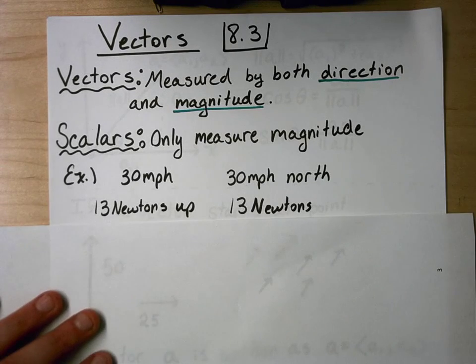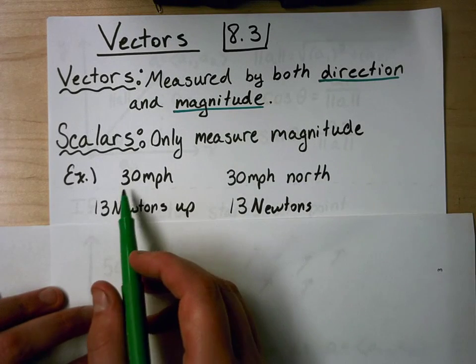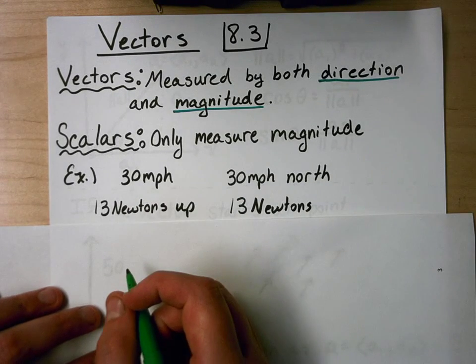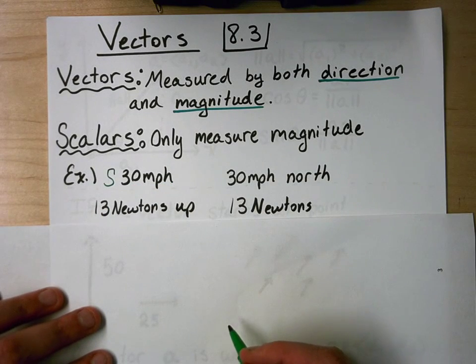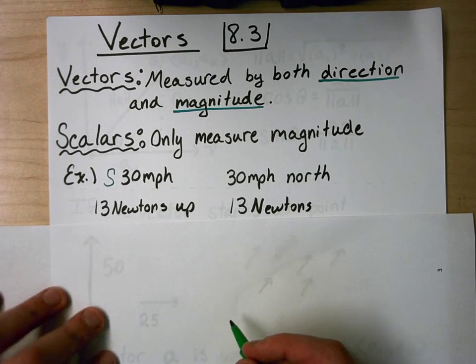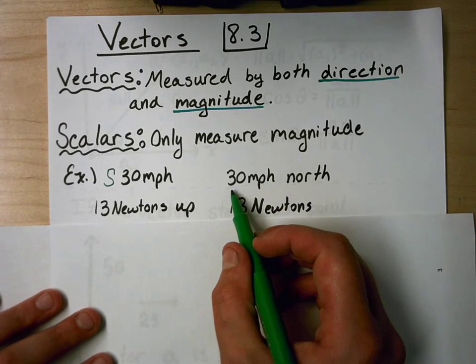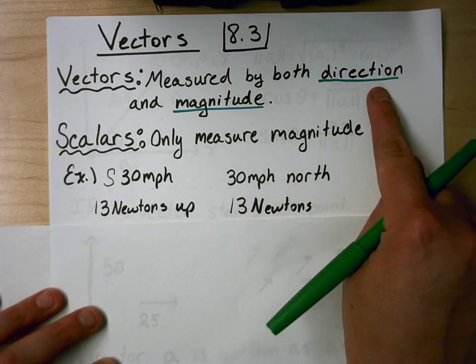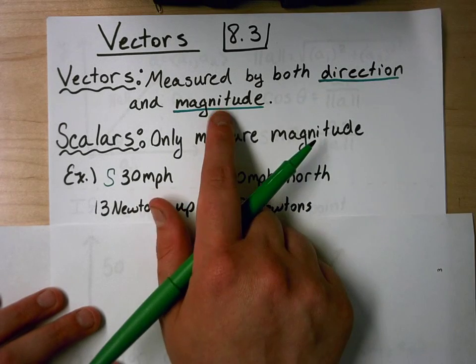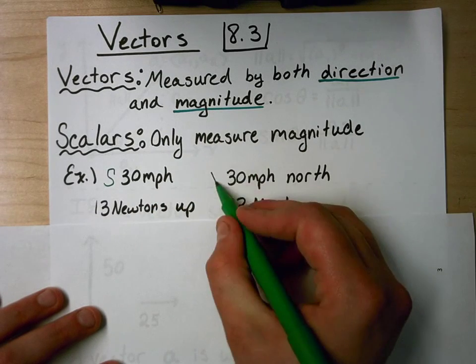Okay, so for example, if I were to tell you that I'm going 30 miles per hour, then that's a scalar. So it only tells you the scale of how fast I'm going. Now, if I tell you I'm going 30 miles per hour north, because that has a direction as well as a magnitude, that's a vector.